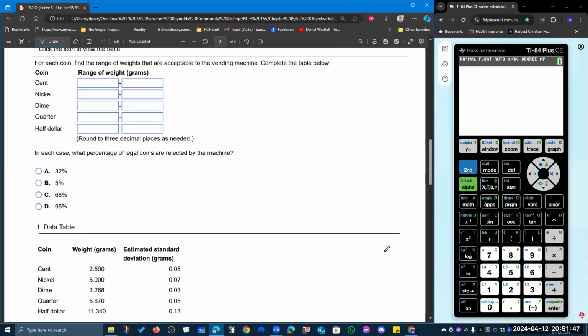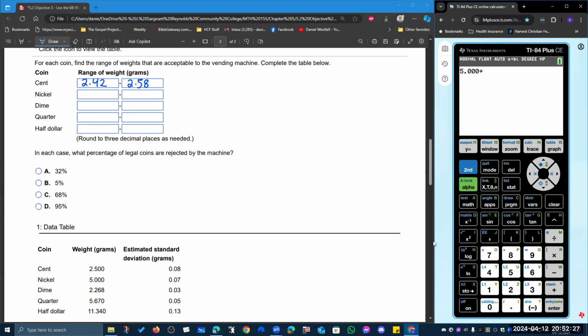We're going to take 2.500 and add 0.08 to that to get 2.58 for my upper limit here. And we're going to take that and subtract to get my lower limit of 2.42.